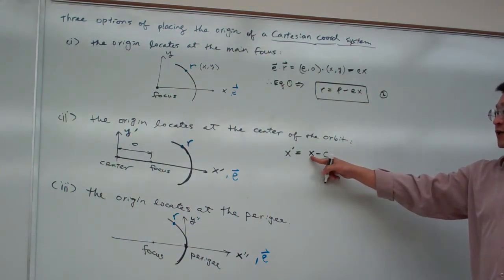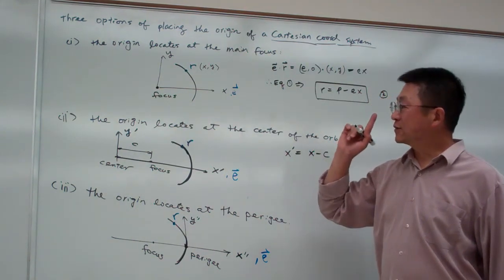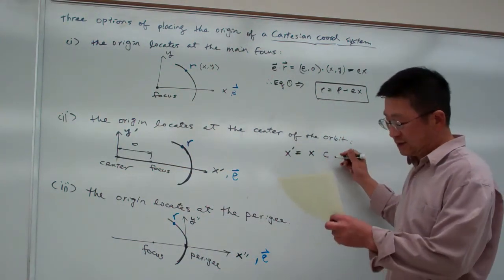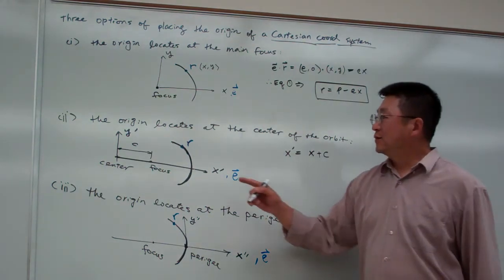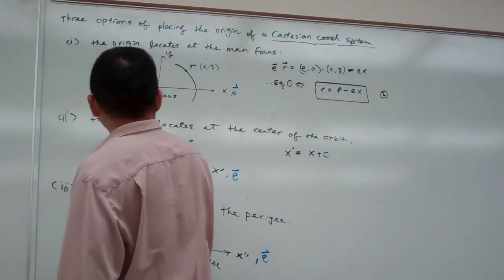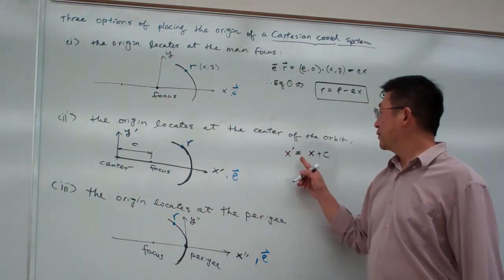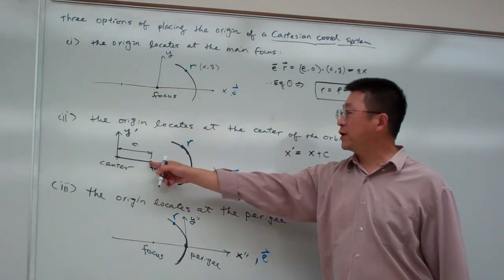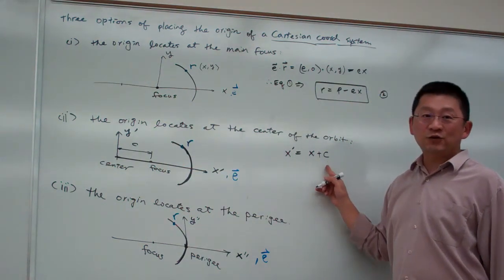When x prime has coordinate equal to c, so that should be x plus c. Right? If compared to this one, right now, let me extend it here. So this location is the origin of this one, right? So when x equal to 0, corresponding to this point is where the x prime measure is by c. So here we fit into this kind of translation rule.